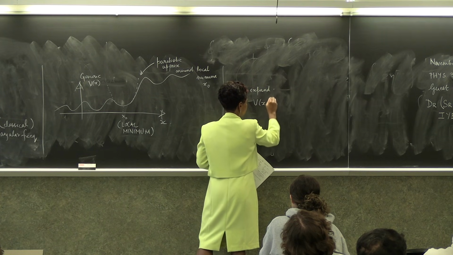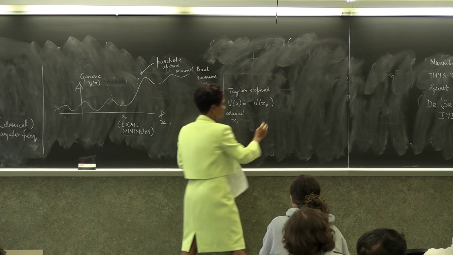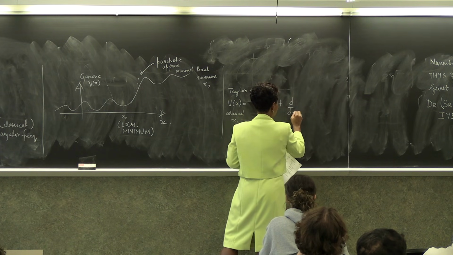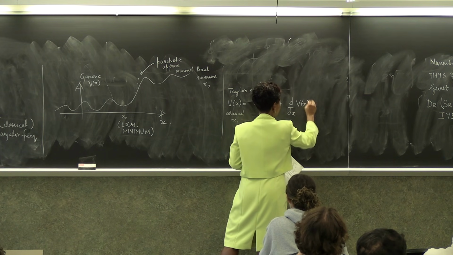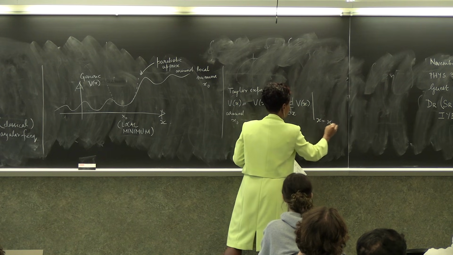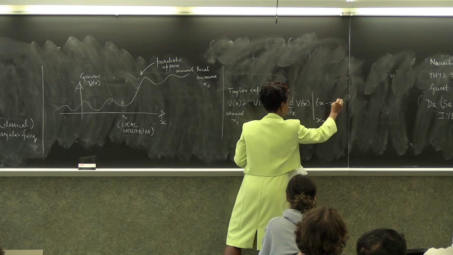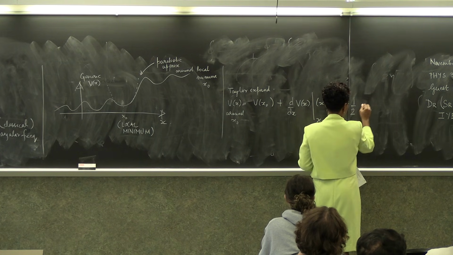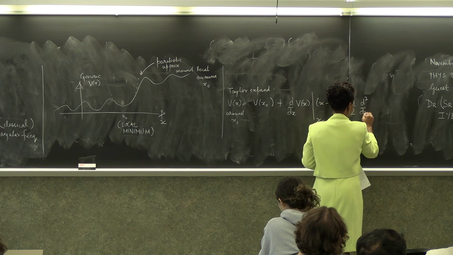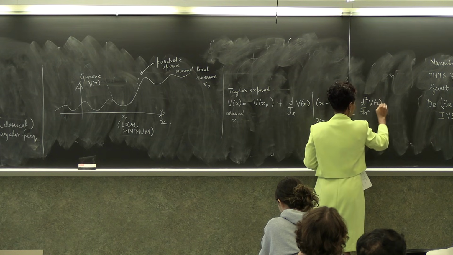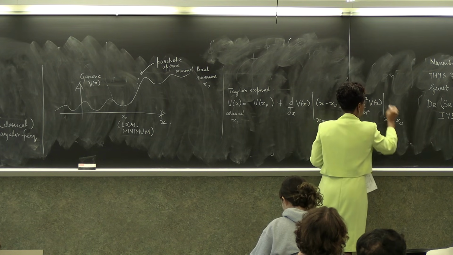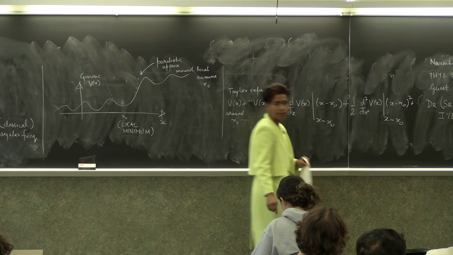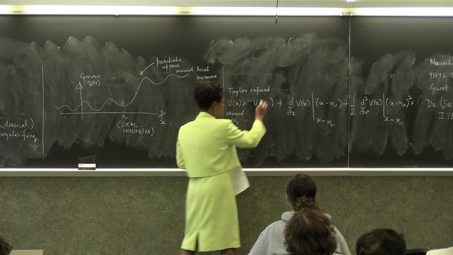As you know, this is a constant term plus a linear term, plus half second derivative times quadratic term, etc. This is a potential energy.